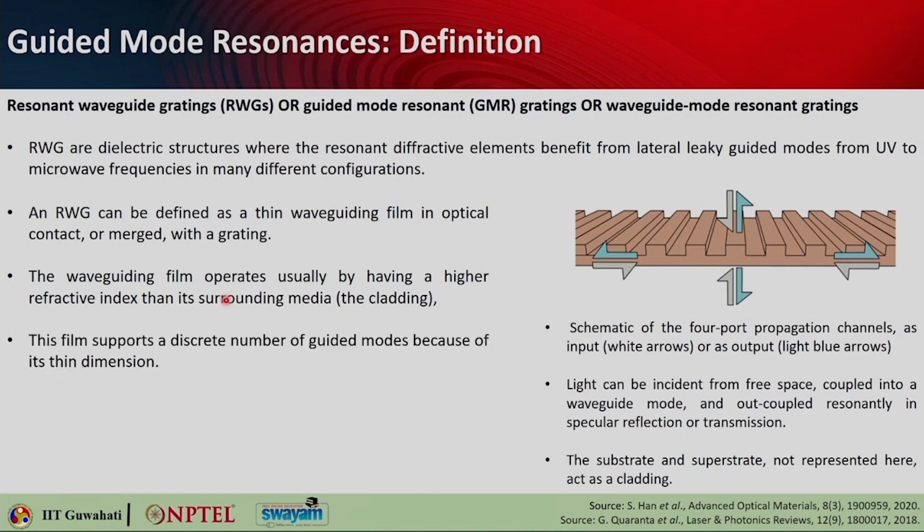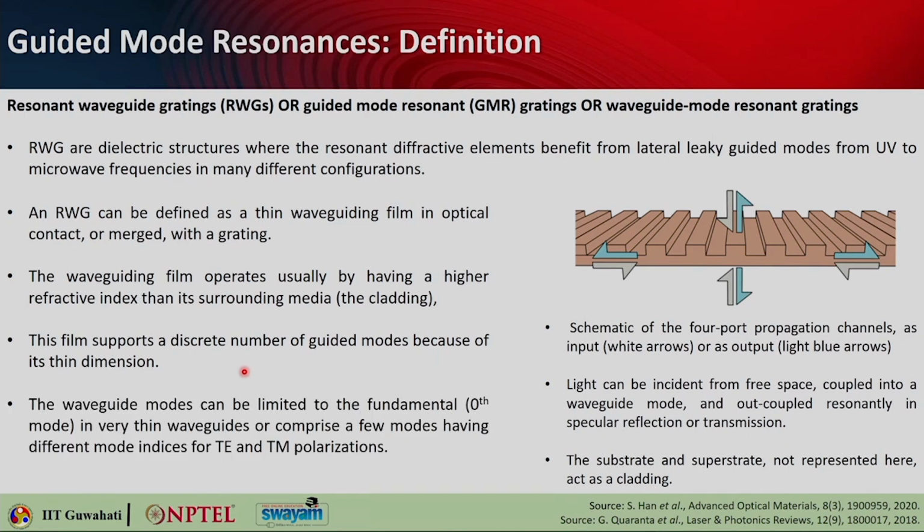So, when you think of this waveguiding film, it usually operates by having a higher refractive index than the surrounding media, because that is how waveguiding takes place. Waveguiding typically happens based on total internal reflection, for which the waveguide core has to have a higher refractive index than the cladding. The thin film supports a discrete number of guided modes because of its thin dimension.